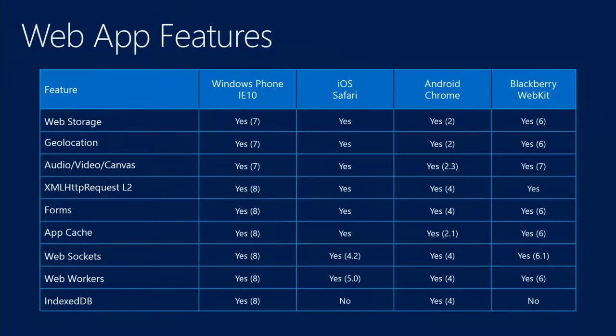App cache, web sockets, workers, IndexedDB. So you're pretty much across most of the mobile platforms getting all these things if you're on the latest and greatest. I would say the only glaring exception is Safari on iOS doesn't support IndexedDB, which is kind of a glaring one, especially if you're going to do bigger data sets of things. So it's something to kind of think about.